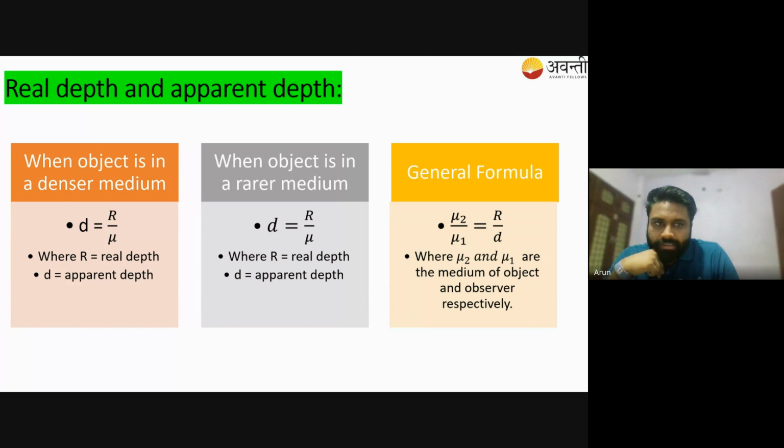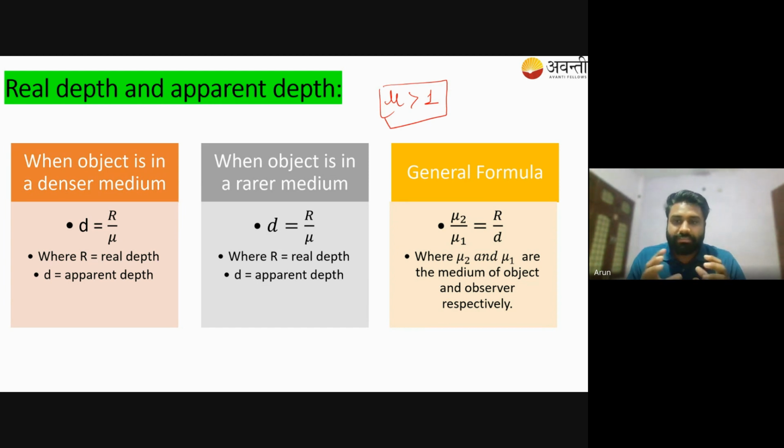Which means there is a decrease in the real depth of that coin, which is given by the formula D equals R by mu, and mu is always greater than 1. I'm writing it here. Mu is always greater than 1. And what is mu? Mu is the optical friction for light.